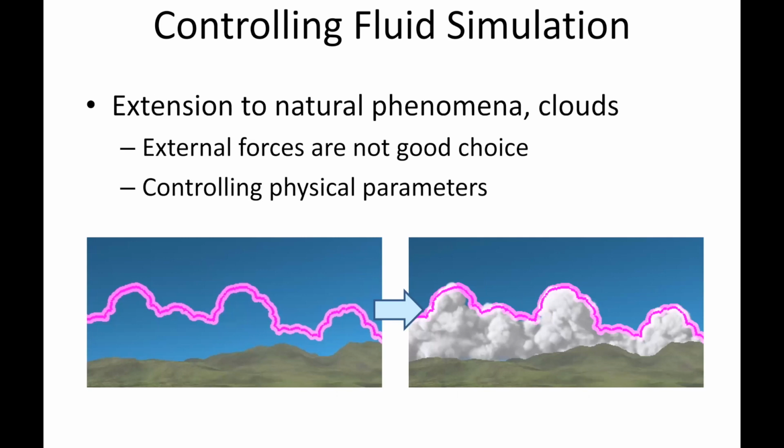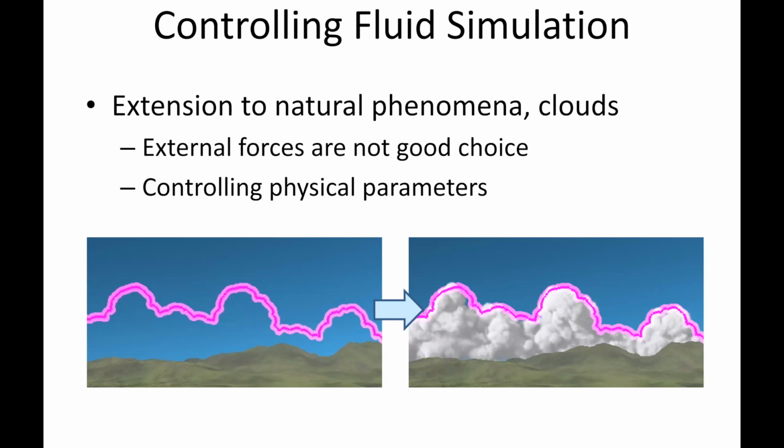This slide shows an overview of our system. In our system, the user first draws a contour line, this pink curve, of the desired shape of the clouds. Then our system controls the simulation so that the final shape of the synthetic clouds becomes the same as the shape specified by the user.